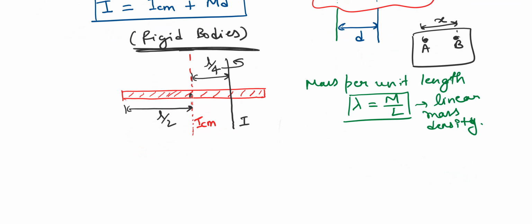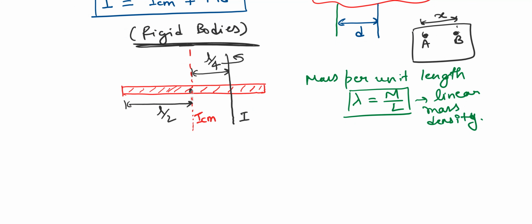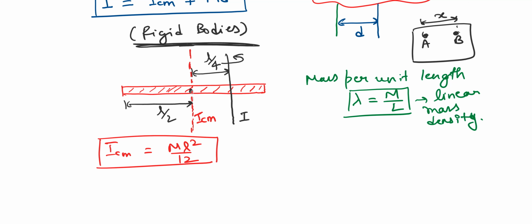Now for a rod, you know that ICM, the moment of inertia of the rod about an axis passing through its center and perpendicular to its length, is given by ICM equals ml square by 12. So this is your ICM. What can you say about I?